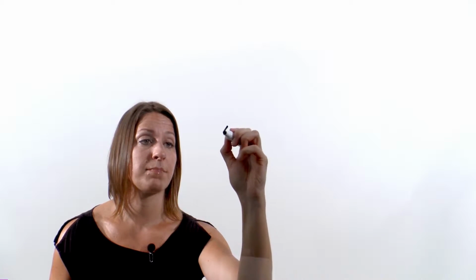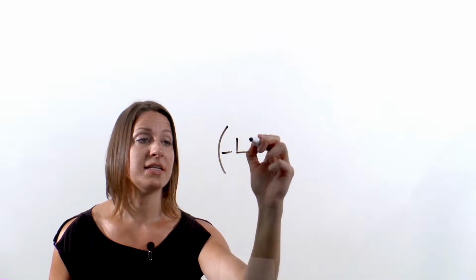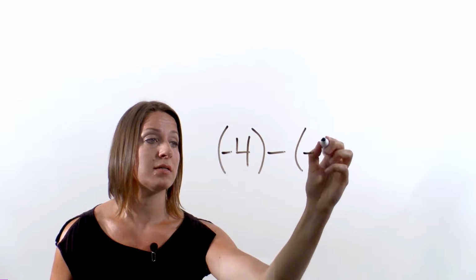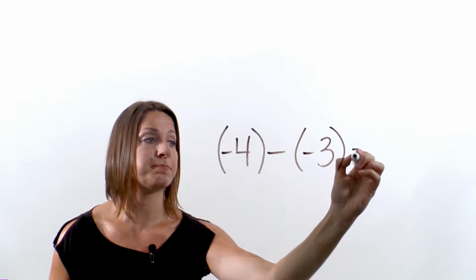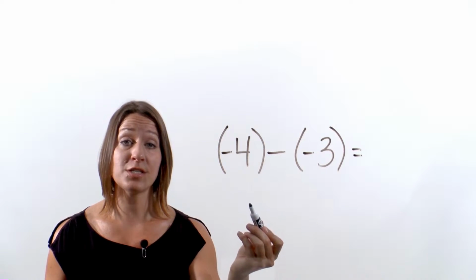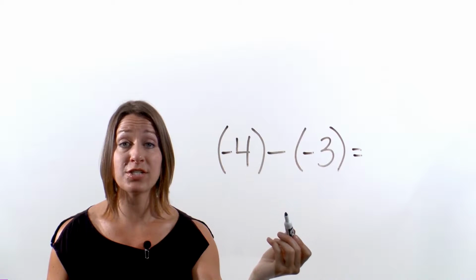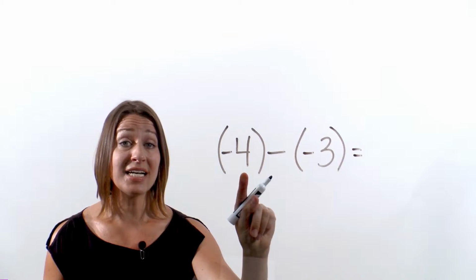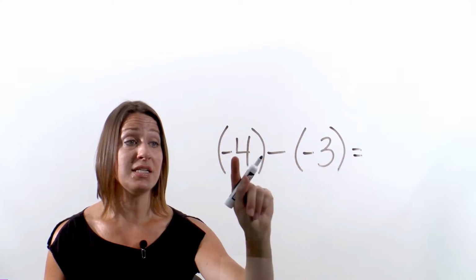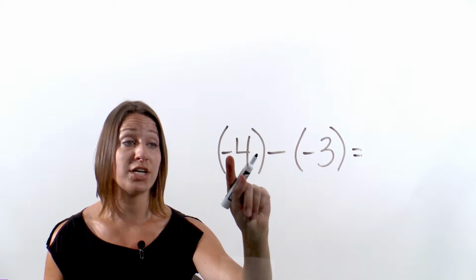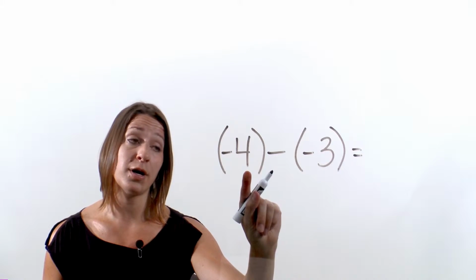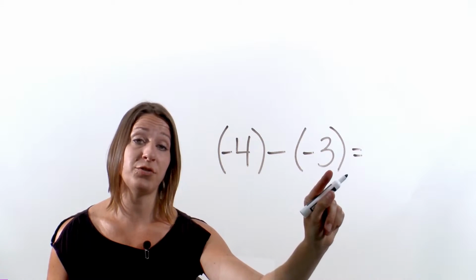Let me show you one more example. What if we had negative 4 minus a negative 3? From the looks of this problem, there are a lot of subtraction signs in there. But let me remind you, if a number is inside of a parenthesis, even though it looks like a subtraction sign, it's actually a negative sign. So this is a negative 4 minus negative 3.